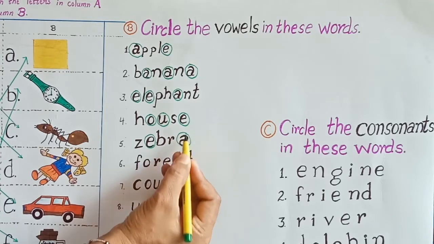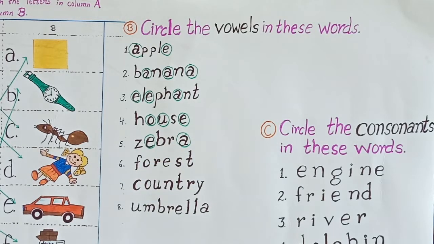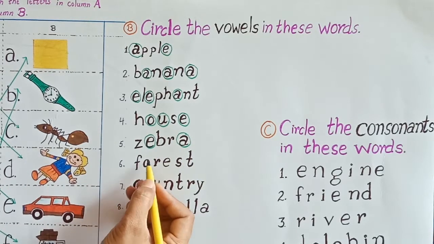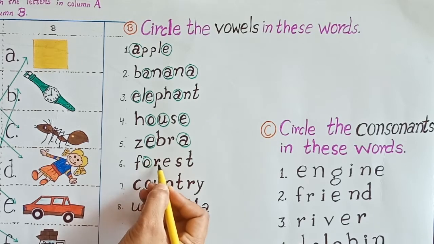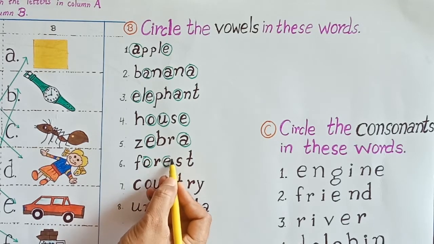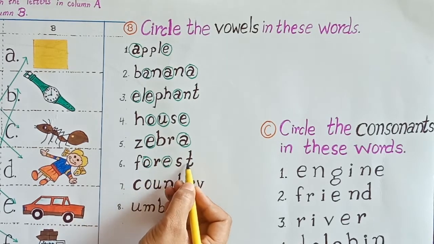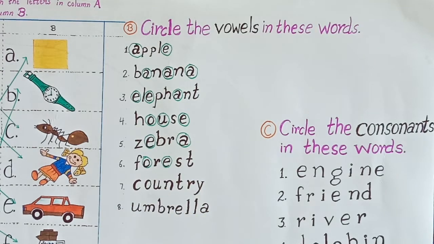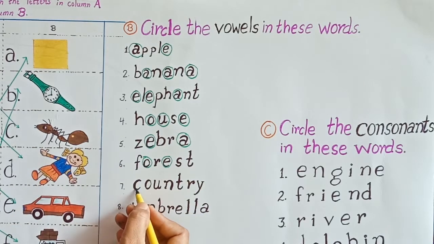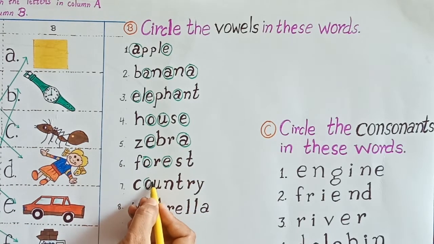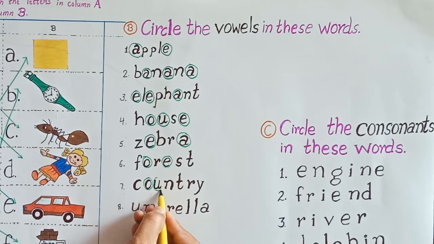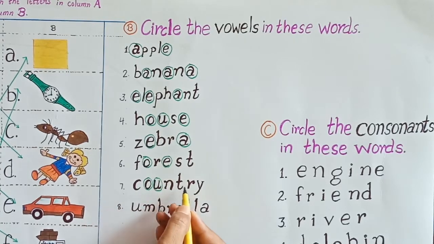A is again vowel. Number 6. F is consonant. O is vowel. R is consonant. E is vowel. S and T both are consonants. Number 7. C is consonant. O is vowel. U is vowel. N is consonant. P, R, Y, all these letters are consonants.